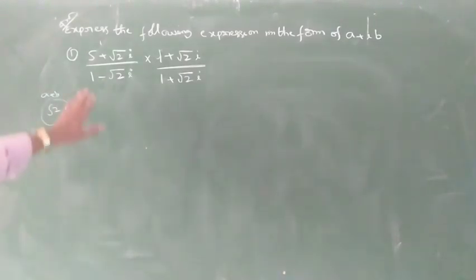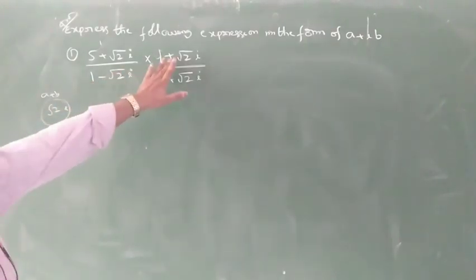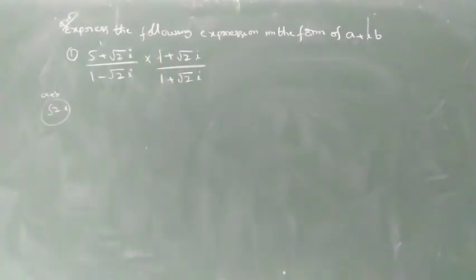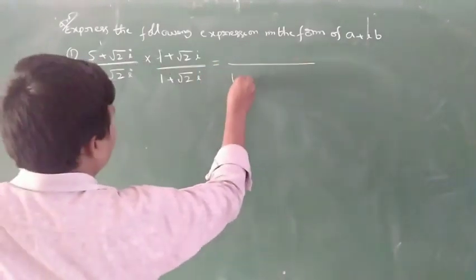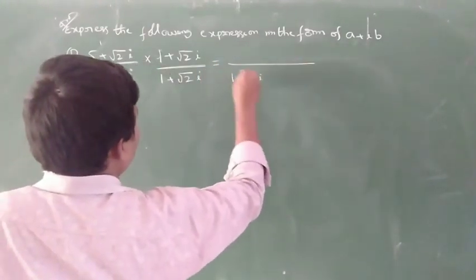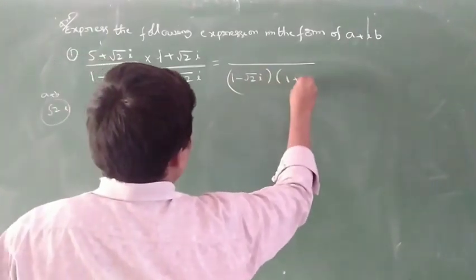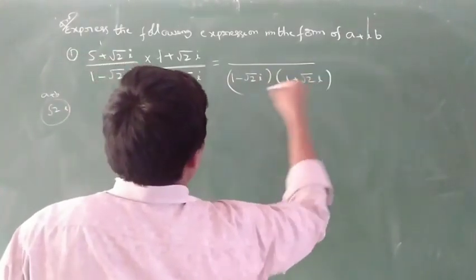So reverse: plus means here minus, minus means plus. That is equal to denominator 1 minus root 2i into 1 plus root 2i.